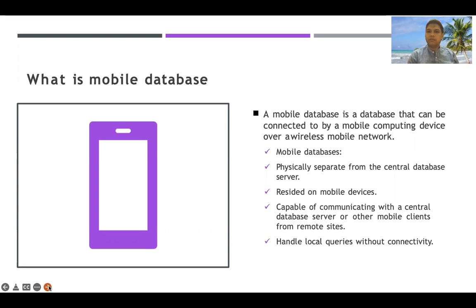And the most important part is that our database is physically separate from the central database server. At the same time, it resides on the mobile device and must have the capability for communication with a central database or other mobile clients from a remote site.